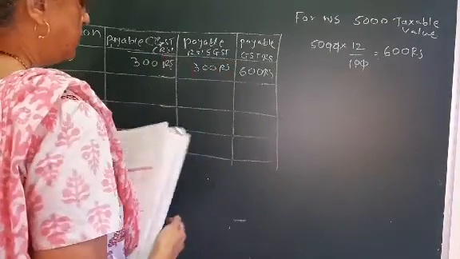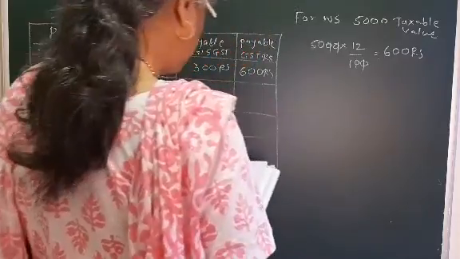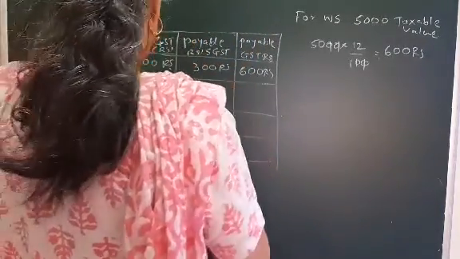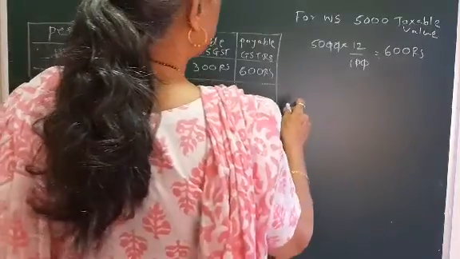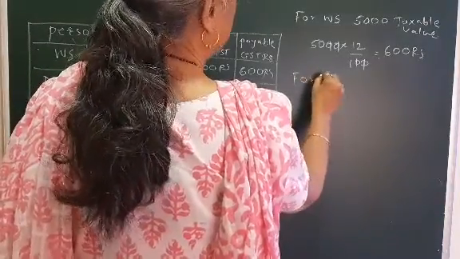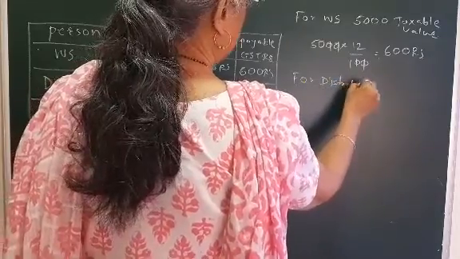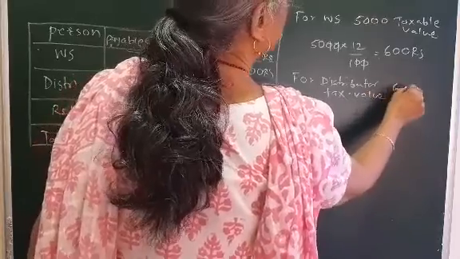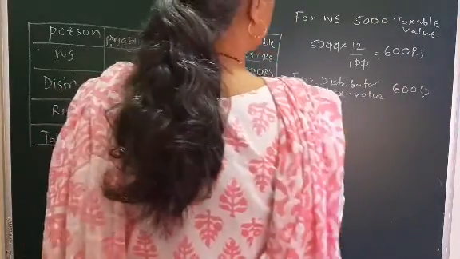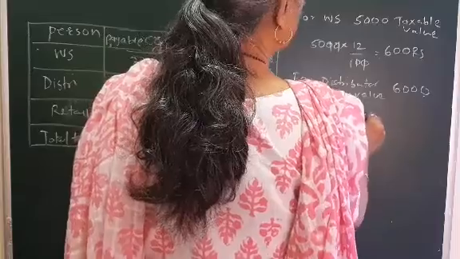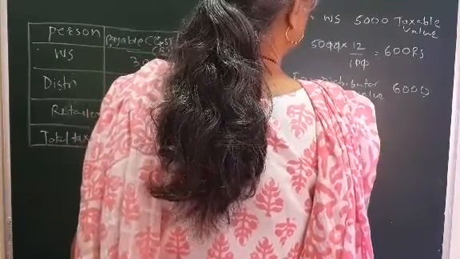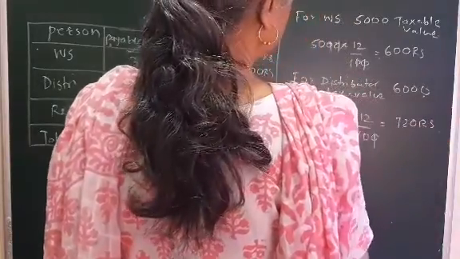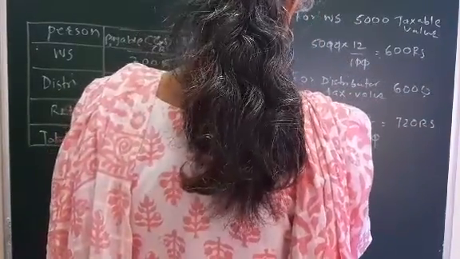Followed. Now for the distributor, they have given you the taxable value 6,000. So we are going to calculate 6,000 into 12 upon 100. So it is 720 rupees that will be the GST.